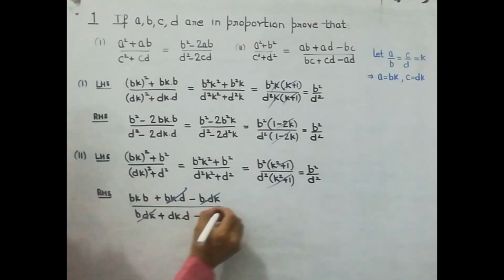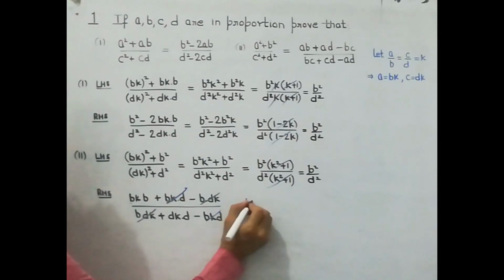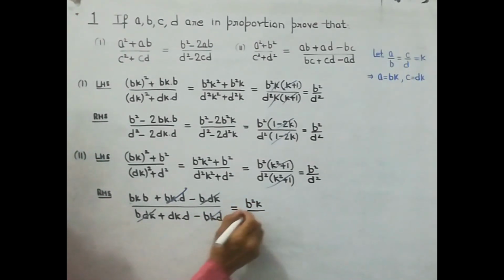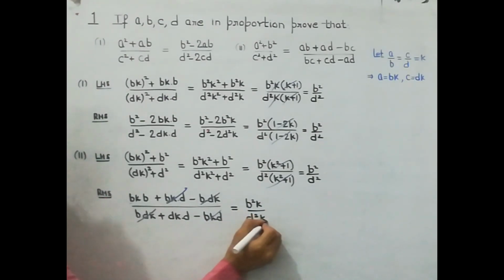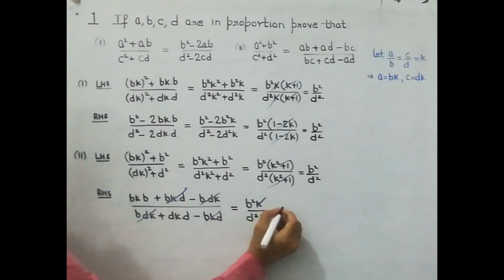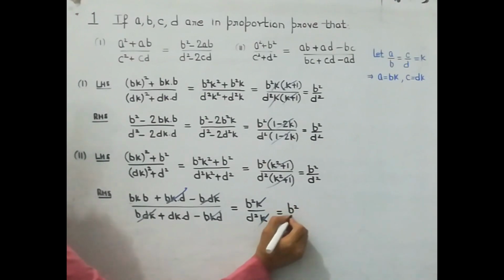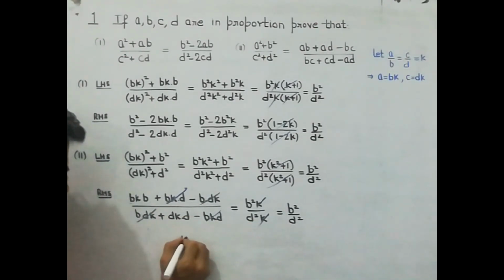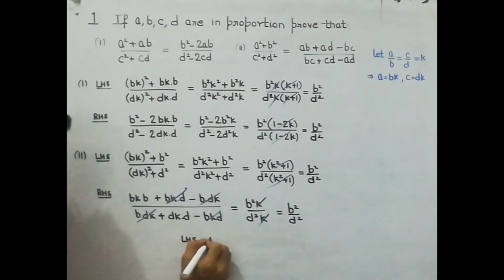So in the numerator place, you are left with B square K, whereas in the denominator place, this will become B square K. Now here you can see K will cancel out. So your result will be B square upon B square. So LHS and RHS both are equal. Hence proved, LHS is equal to RHS. This was required.